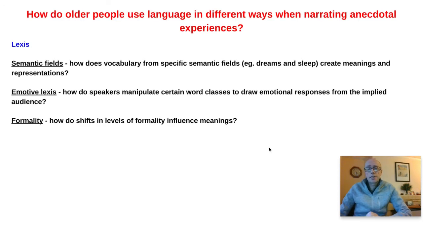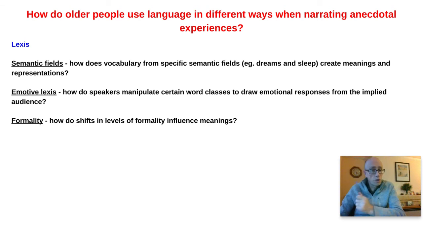She also thought that lexis would be quite important. So she thought that semantic fields would be looked at and how these semantic fields create meanings and representations. So she'd be honing in on the connotations of particular words and thinking about how they create meanings and representations. She'd be looking at different word classes. Are there, for example, pre-modifying adjectives which are doing a certain thing in any of these anecdotes?